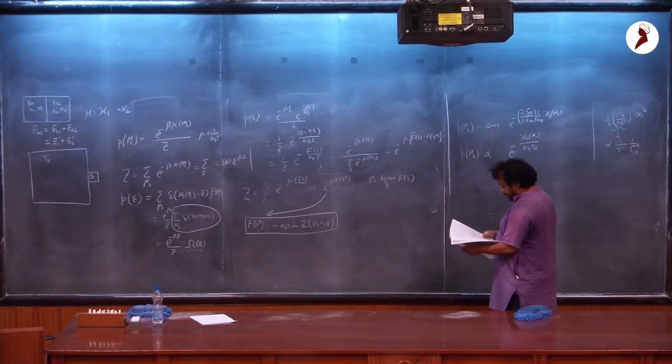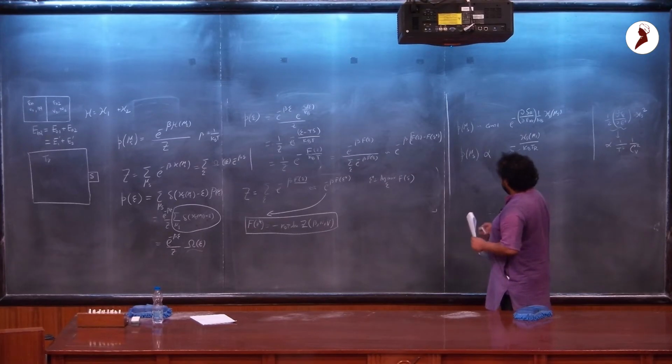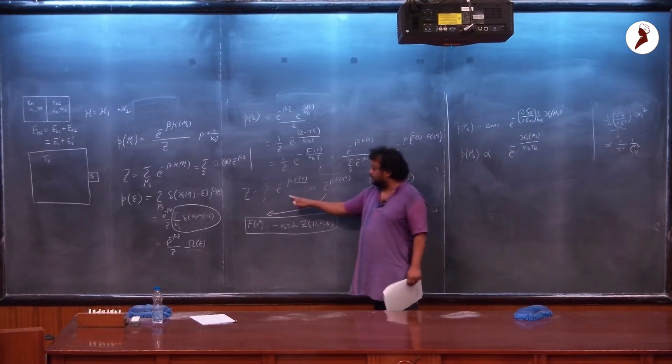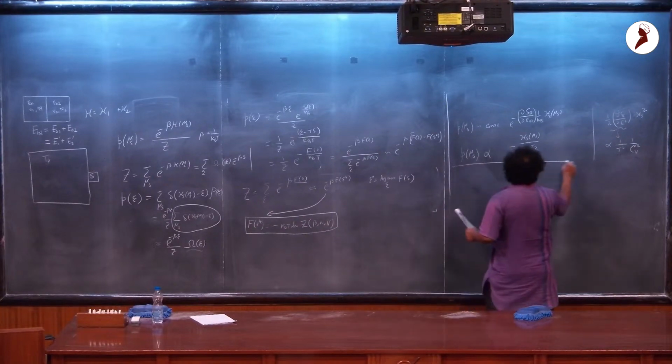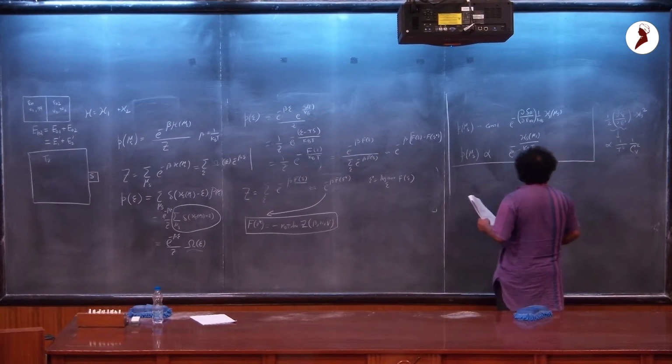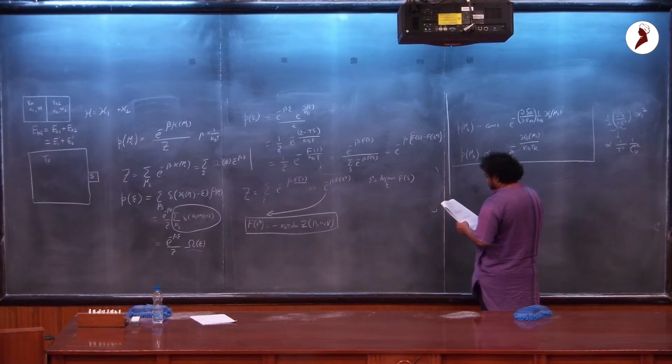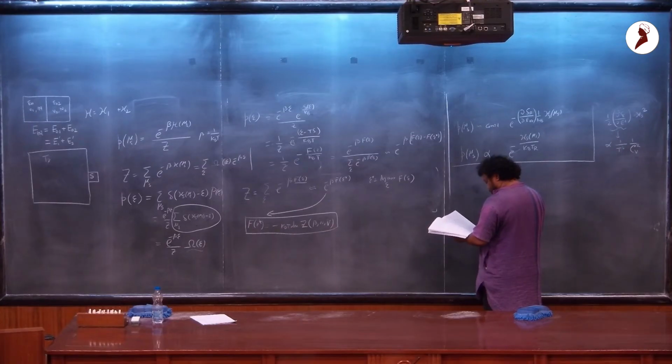So let's say, how do we find out the average energy? I did this identification from this, but you can also do it from other known thermodynamic relations. So let's say, what is the average energy of the system?